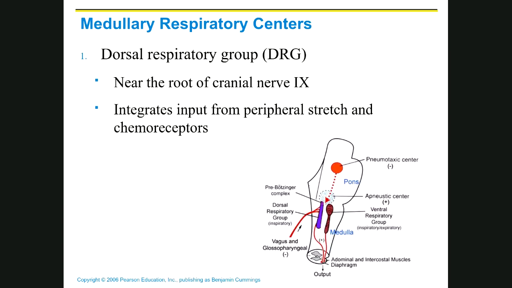So let's look at these. So we have the DRG. Here's the DRG right here. And the DRG, again, has to do with normal breathing. So it receives input from a lot of different places and helps set normal rate and depth.